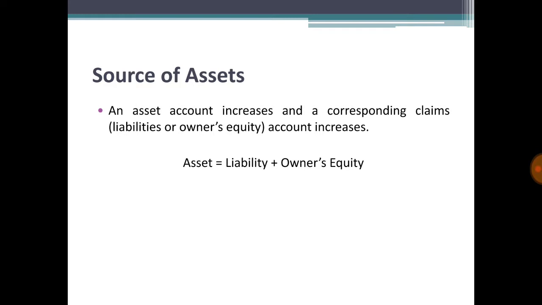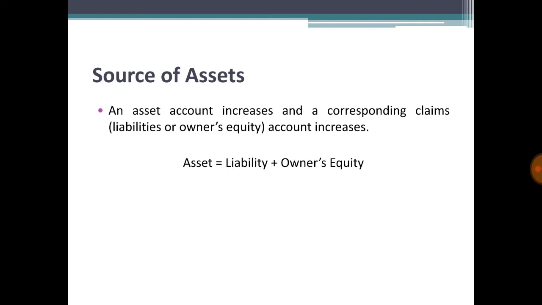A source of assets is a transaction wherein an asset account increases and a corresponding claim, which is either a liability or owner's equity account, increases. So, in the use of assets, these accounts decrease. This time, in source of assets, both the asset and the corresponding claims account increase.